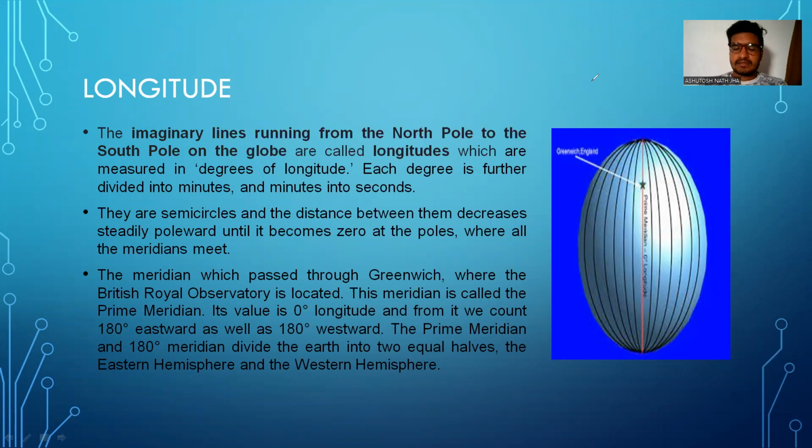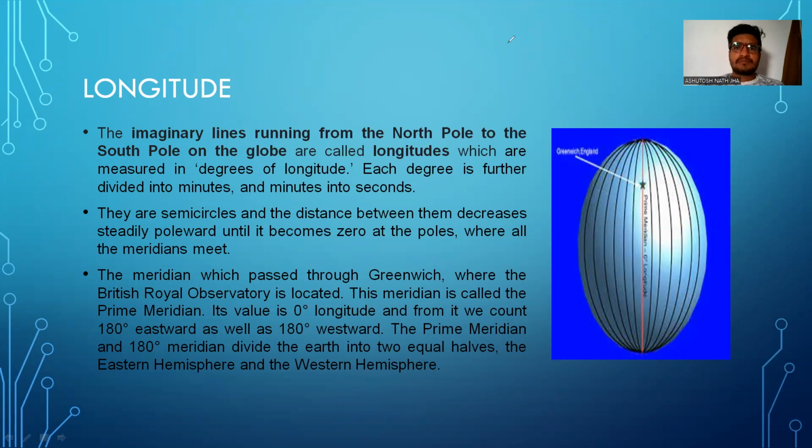It is an angular measurement usually expressed in degrees and denoted by the Greek letter lambda, and meridians connect points with the same longitude. Very good, student. Good answer about longitude.